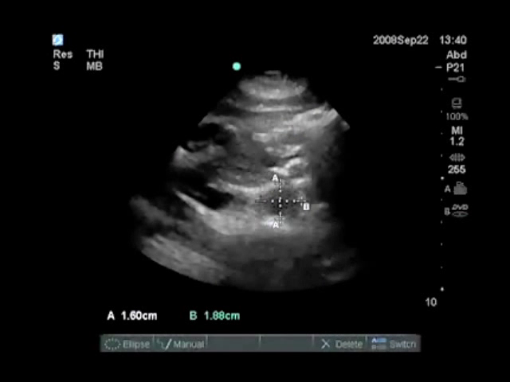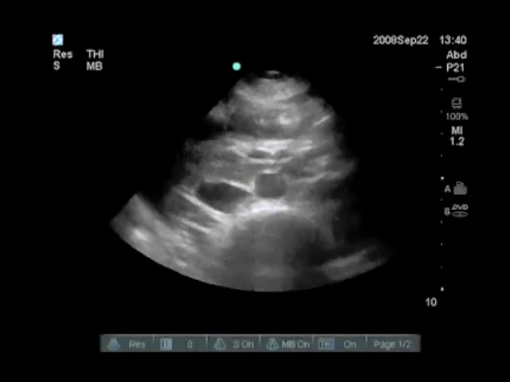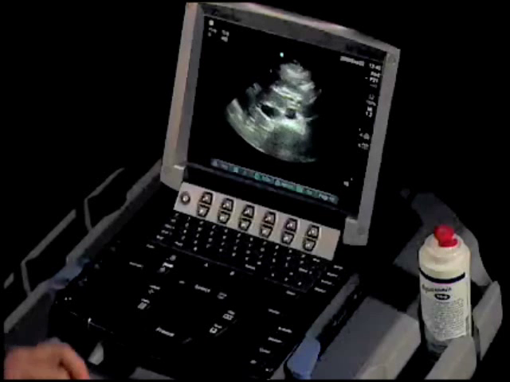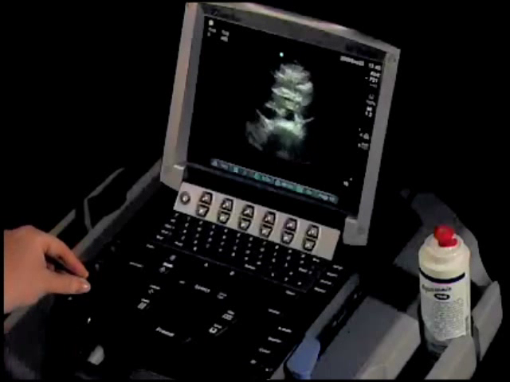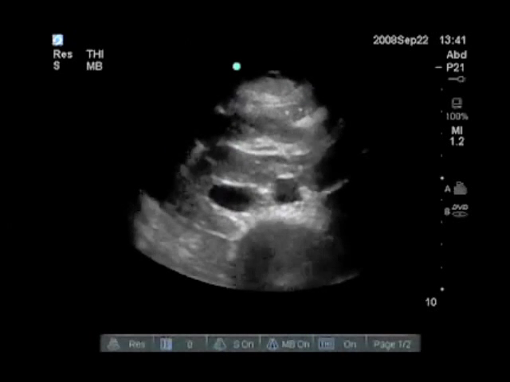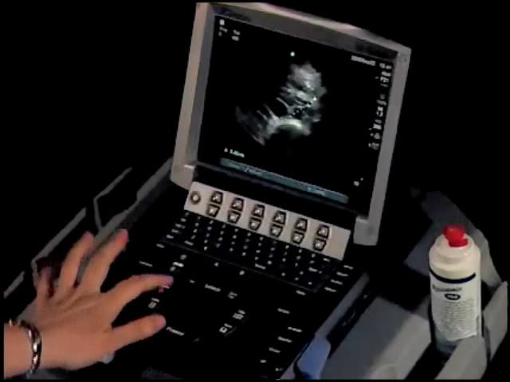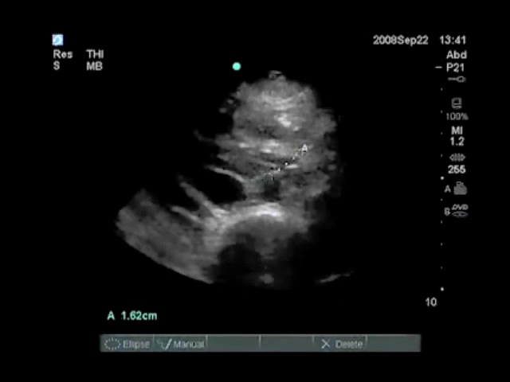From there, I'm going to move down a little bit more inferior. Optimizing the image so I can see the wall of the aorta clearly. I will freeze the image, perform my measurements, the same 2 views again, from outside wall to the outside wall.